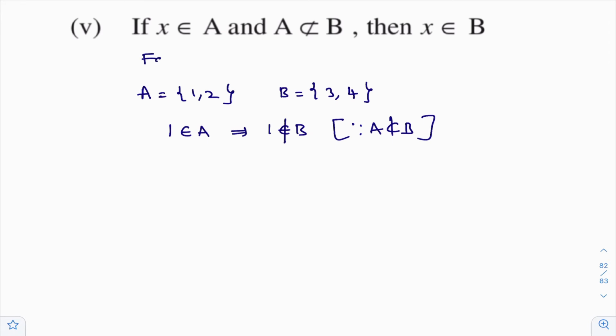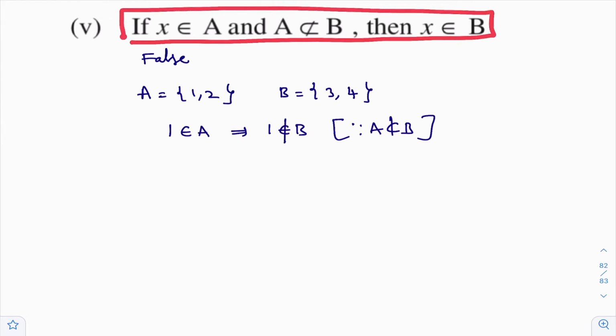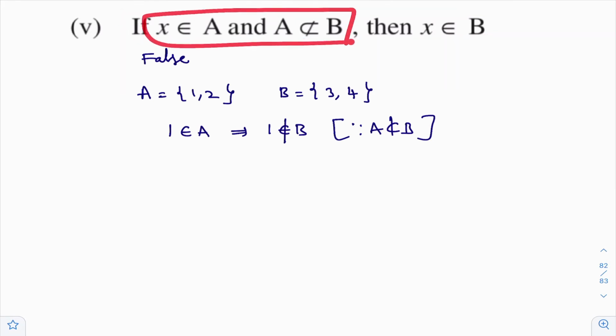This is false. I am saying once again, you can create an example which satisfies this condition, but this is the statement. They are saying that this is true for any sets A, B, C which satisfy this condition.